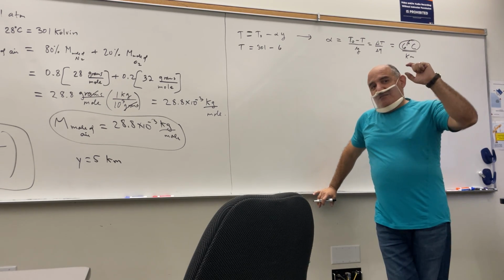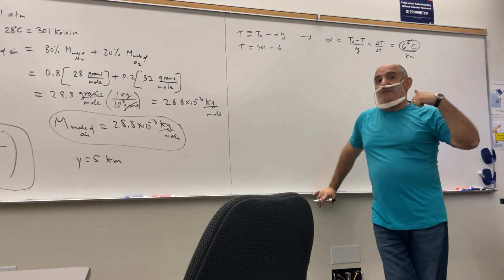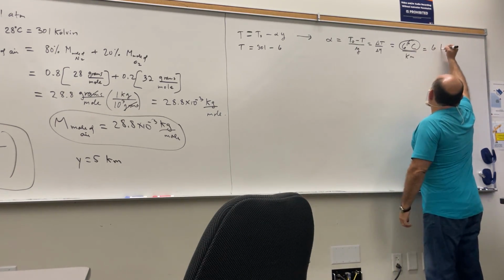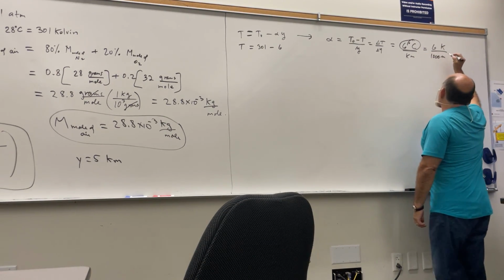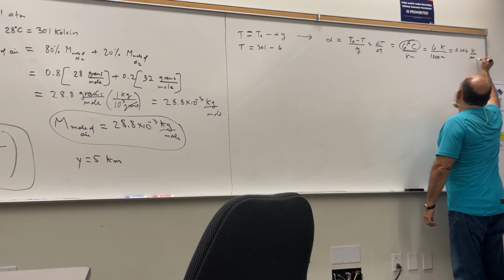And a change in temperature in the Celsius scale is the same as a change in the Kelvin scale. So this is still going to be 6 Kelvin per kilometer, for 1,000 meters. So this is really 0.006 Kelvin for every meter.